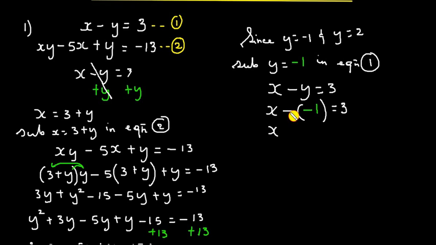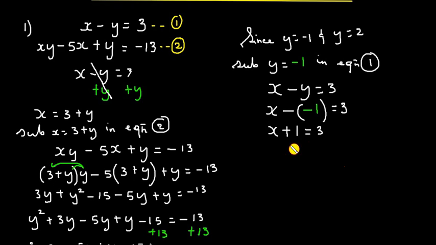X, a minus multiplied by another minus will give us a positive 1. When we're multiplying an even amount of negatives, the answer is a positive. When we're multiplying an odd amount of negatives, then the answer is a negative. Alright. So we write equal to 3.